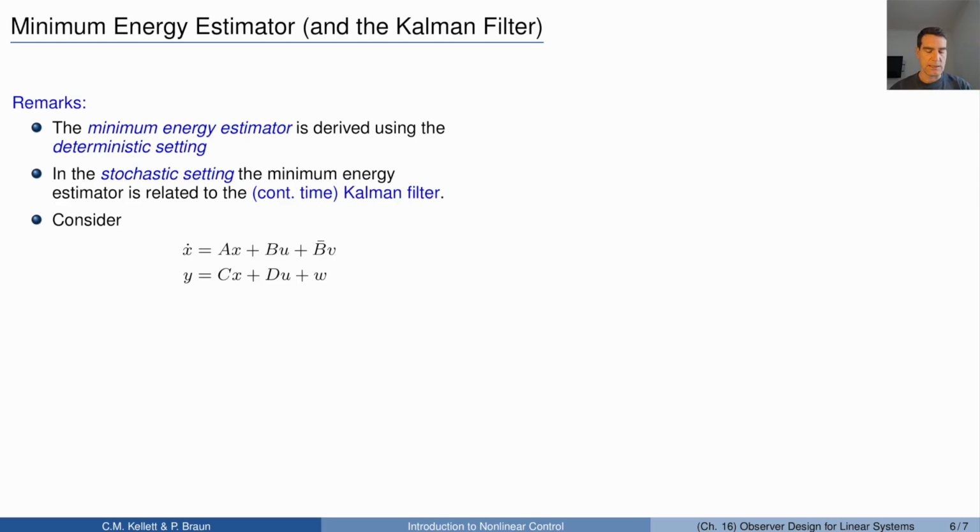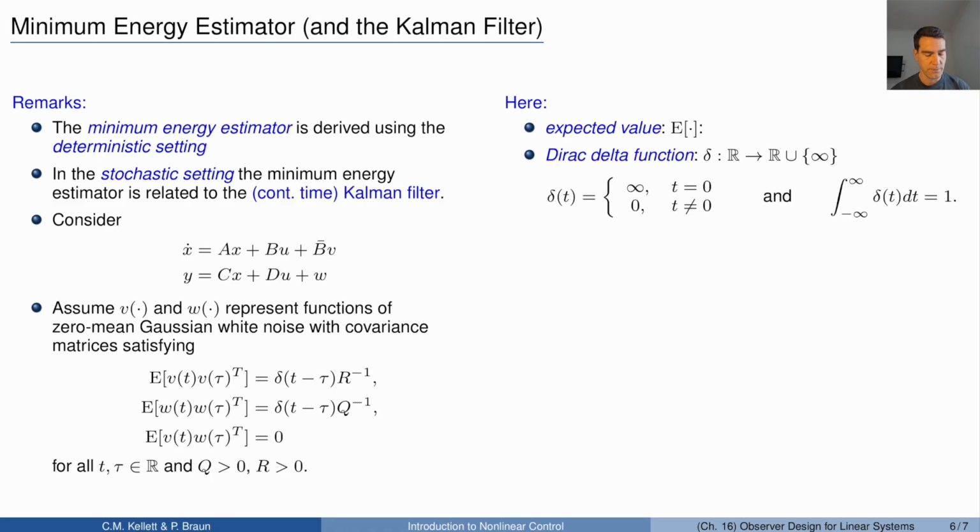A different way to design an observer is going along the lines of the so-called Kalman filter, which has a different interpretation and different motivation, but leads to the same results. So here again, we look at a dynamical system or linear system of this form, but then assume that V and W represent functions of zero mean Gaussian white noise with corresponding covariance matrices.